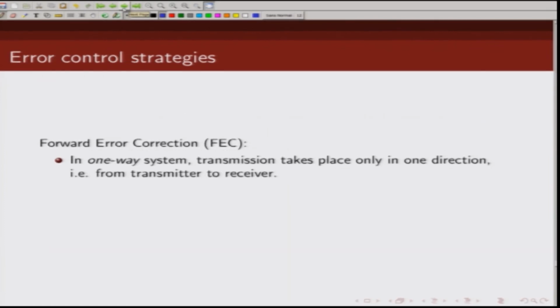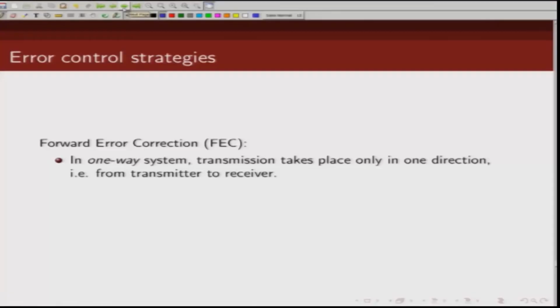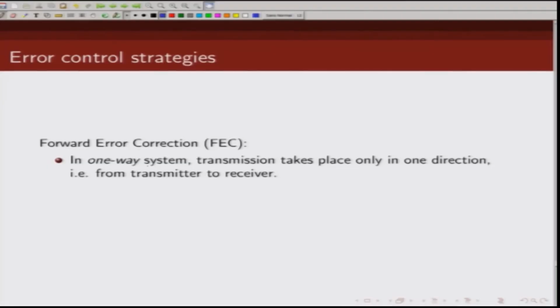So, finally, I am going to conclude this lecture with the definition of a few error correcting strategies. The first one which I am going to describe is what is known as FEC, forward error correction. In systems where there is no feedback from the receiver to the transmitter, we call those systems one way systems, where transmission happens only in one direction from transmitter to receiver.